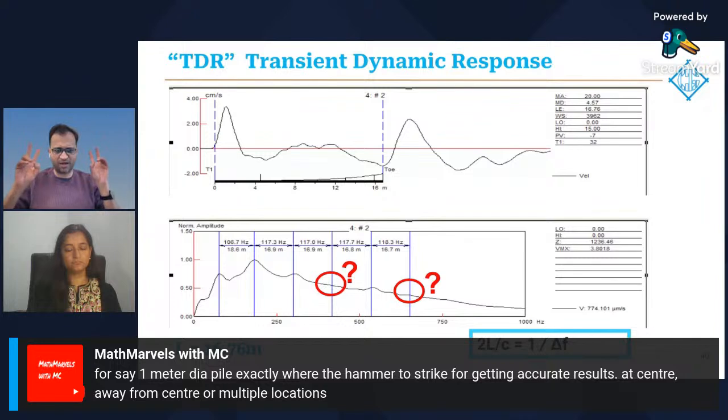I call it a signature because that shape of the PIT data is unique to that particular pile, and it must always be unique. That's a good way to understand if your data is truly representative or not. Test many times at many locations until you are assured that your data is consistent and repetitive.